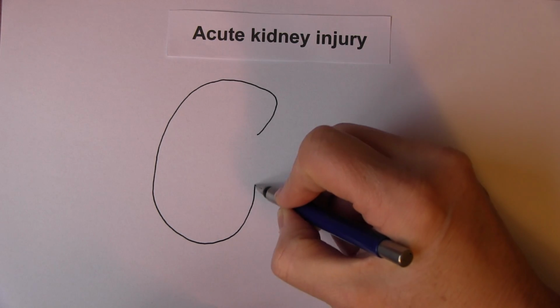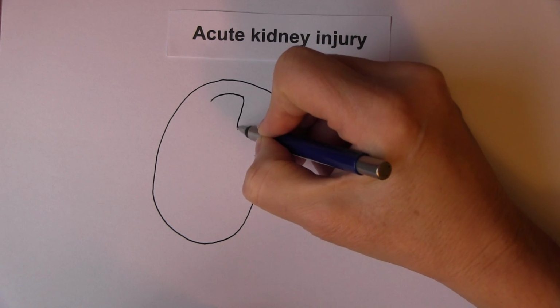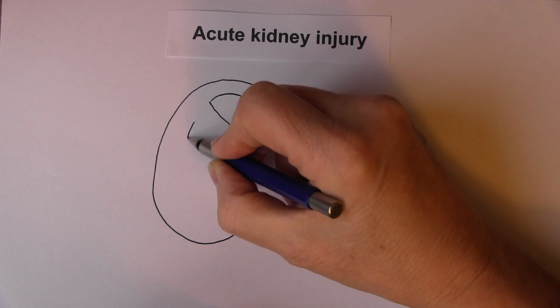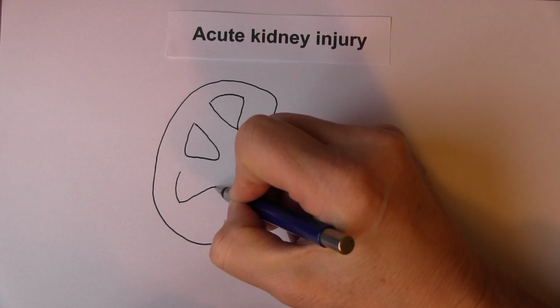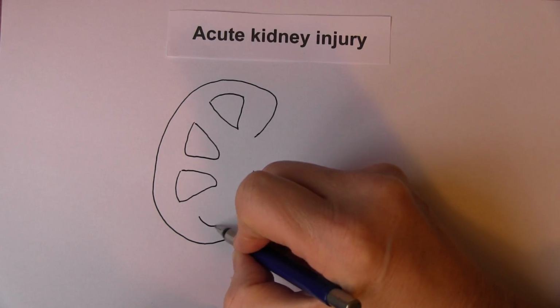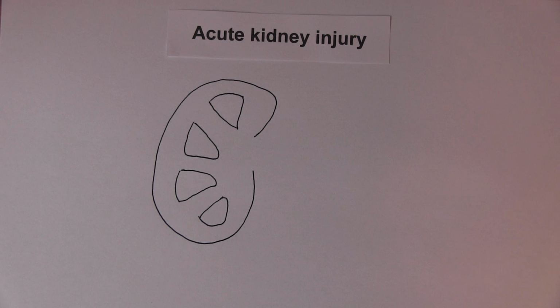So here we have a kidney, and there's the medullary pyramids within the kidney. A few more than I've drawn here, just a simplified diagram. So we have these medullary pyramids.